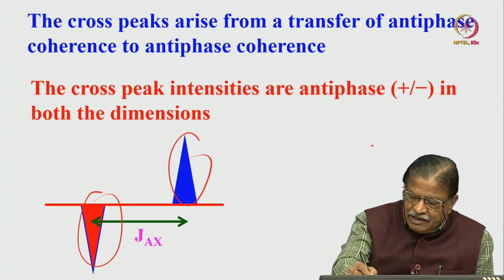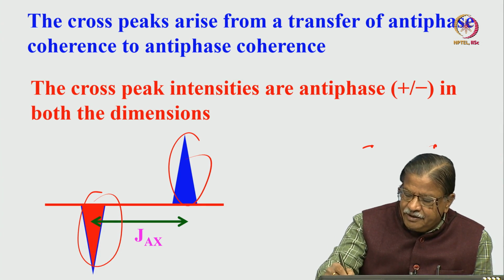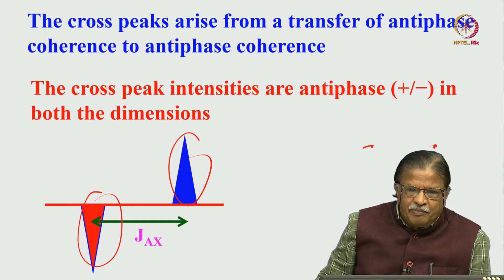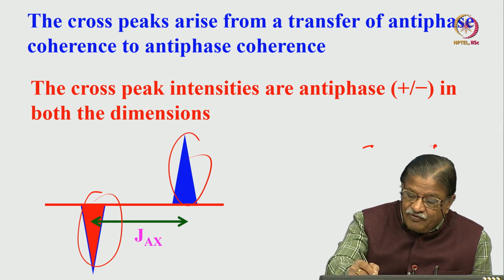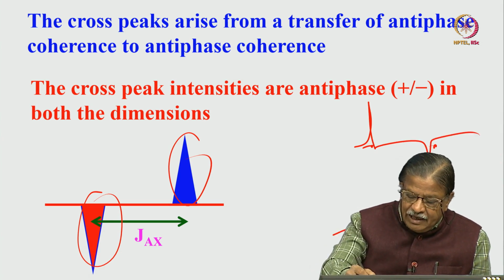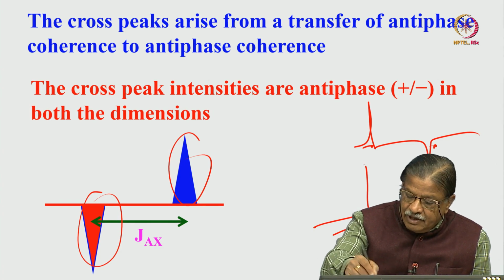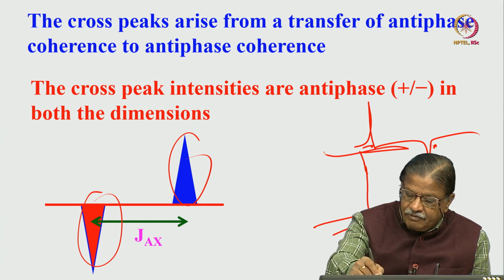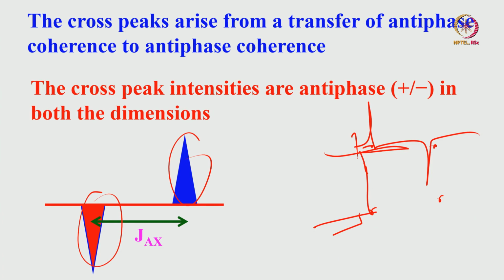For example, these are the 4 cross peaks in the square pattern. If one is positive, the other is negative. In this dimension, this is positive and then this is negative. So in this dimension it is positive and negative, and here also positive and negative.